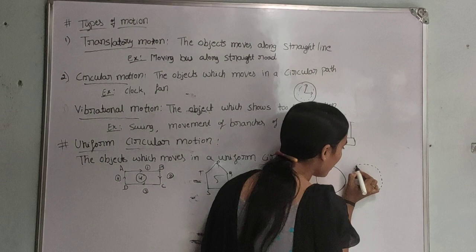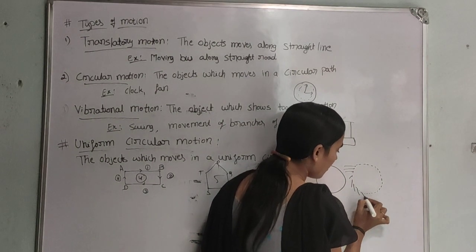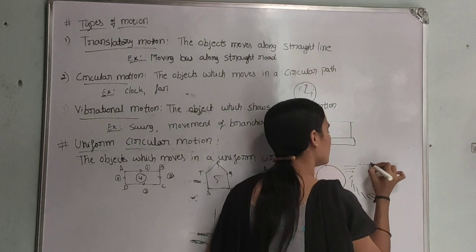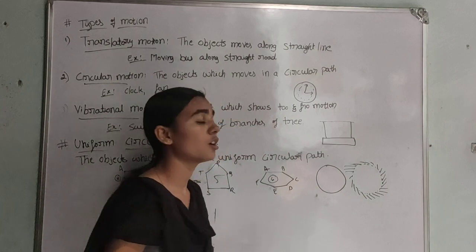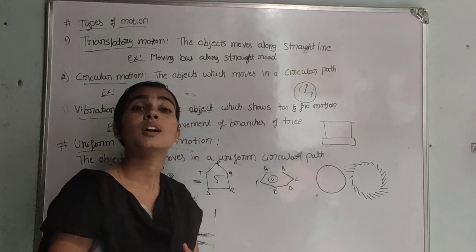For each and every point, the direction of the object changes. So we can't count how many times the direction of the athlete changes.